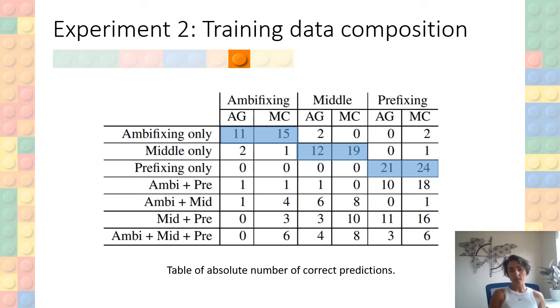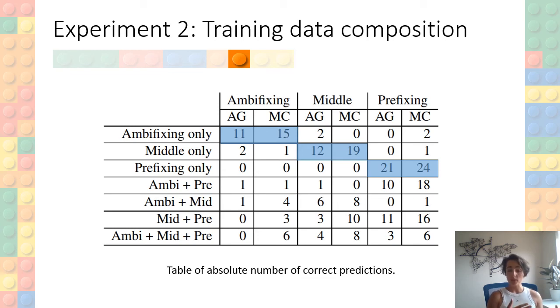Unsurprisingly, we see that the set that has ambifixing only performs best with ambifixing verbs and very poorly on middle and prefixing. And the same is true for middle and prefixing, so they all perform best for the verbs that they've seen. More interestingly, we see that when we actually start mixing, even between ambifixing and prefixing, the prefixing actually still performs better on the prefixing verbs, and we think this is basically just because the prefixing paradigm is way smaller than the ambifixing.